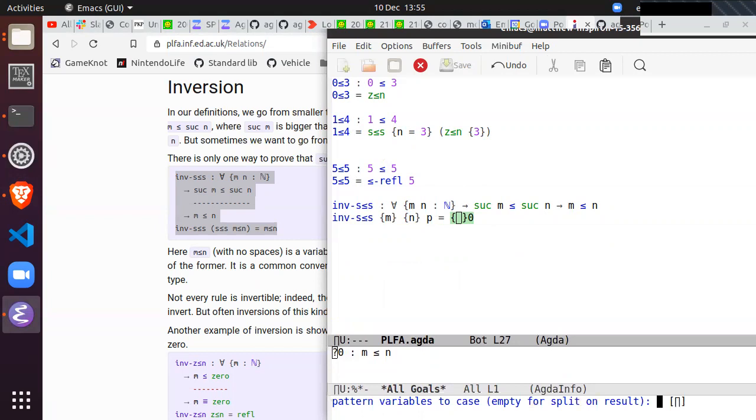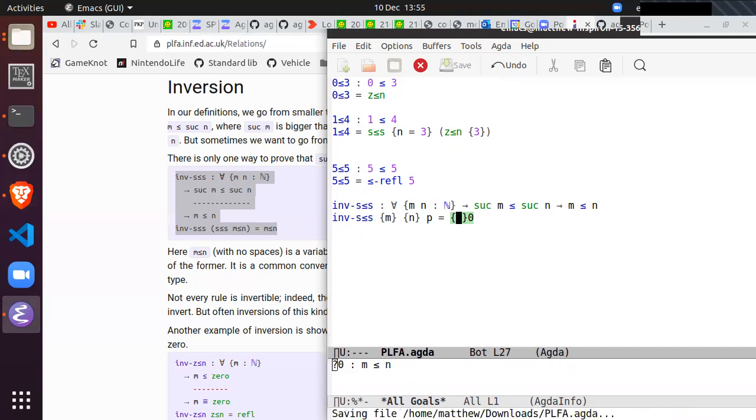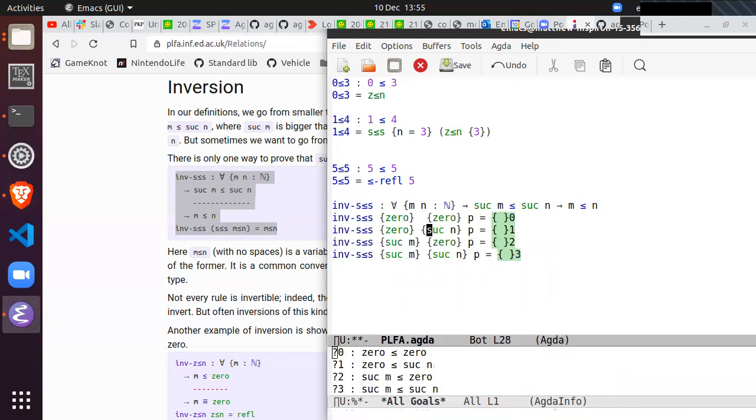Let's pattern match on something that is not dependent to start with. Let's pattern match on m and n, which are just natural numbers, so they're easy to do. We'll pattern match on them both, and we get the four cases.